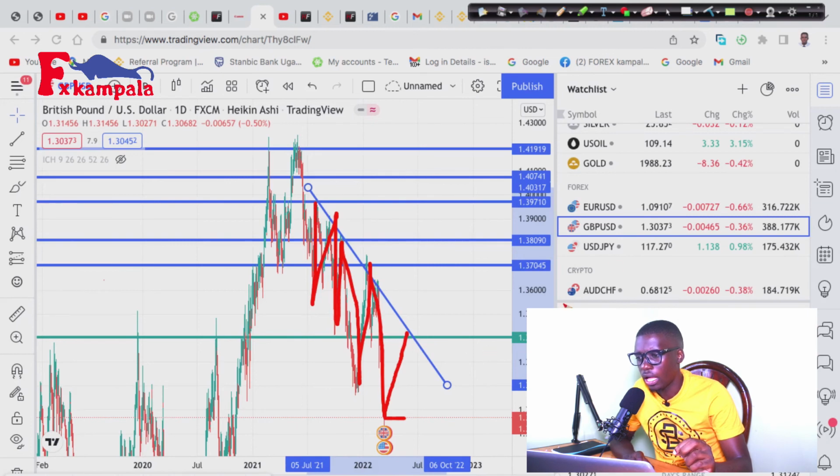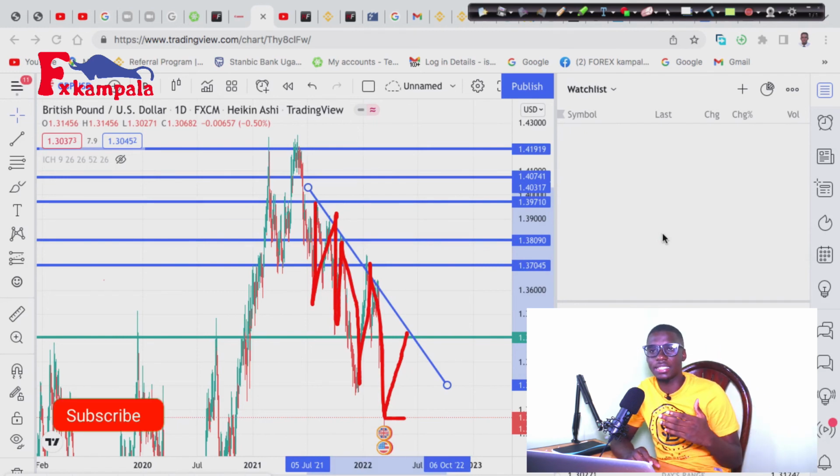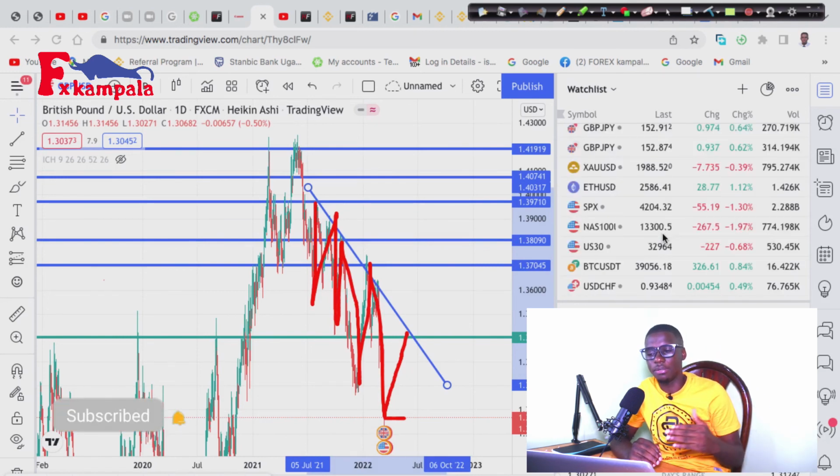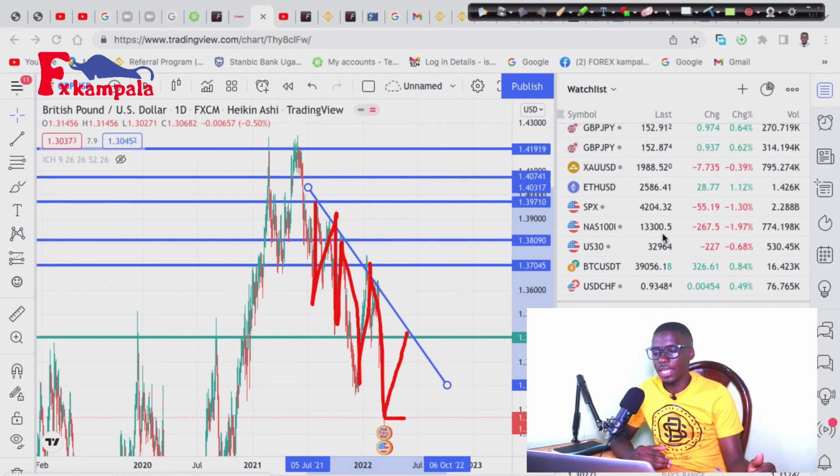So as I also get to USD, we're seeing that the USD is moving in the same direction. We are selling on USD because it literally moves in the same direction as the US dollar index.